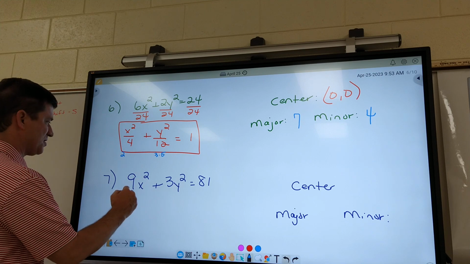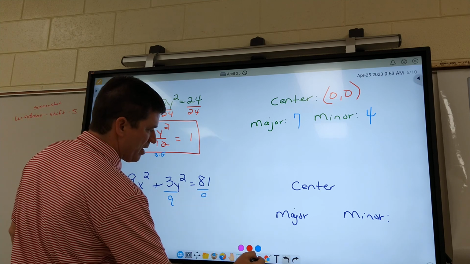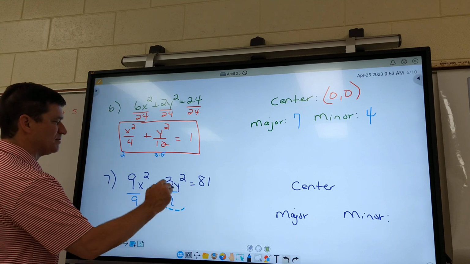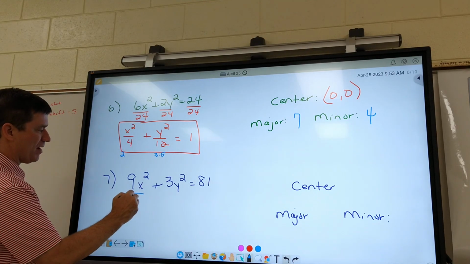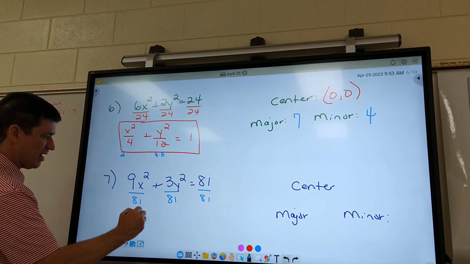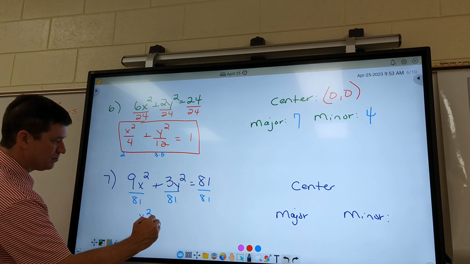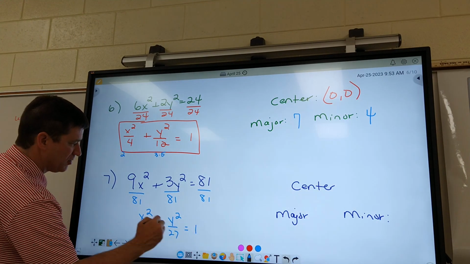All right, so number 7, we got 9, we got 9, we got... No, that's not right. What am I doing? All right, it's got to equal 1, so we have to divide by 81 to make it equal 1. So I've got x squared over 9 plus y squared over 27 equals 1.